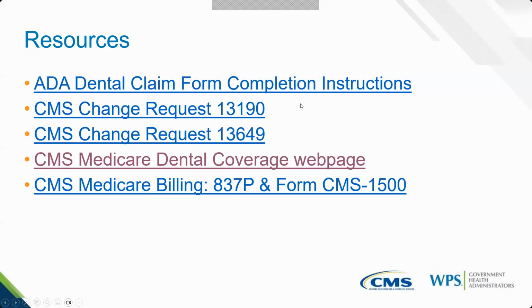The American Dental Association has the responsibility for electronic and paper dental claim content and completion instructions. So you're going to want to follow their instructions. For some of you, this may be new, so it might be of interest to you to see what all that claim contains and how that information is expected to be entered.